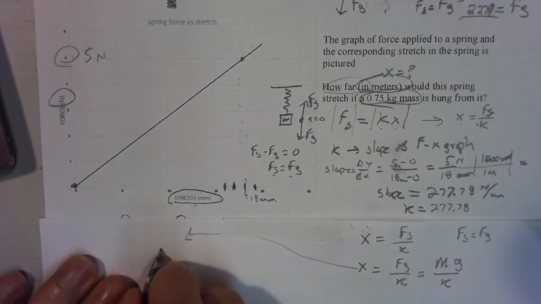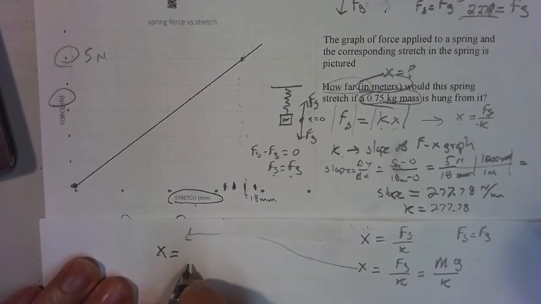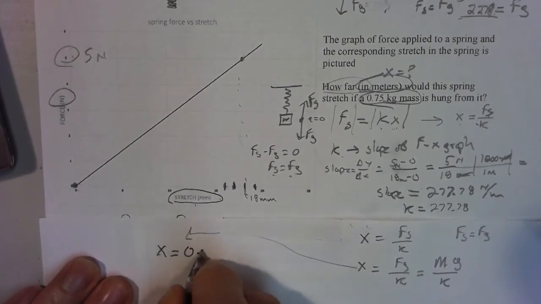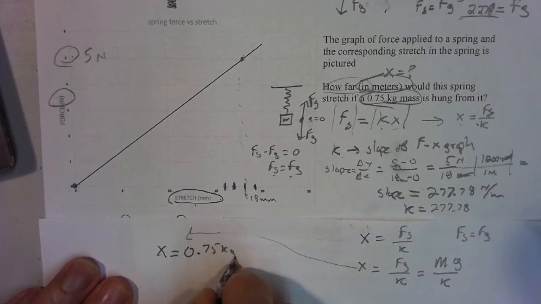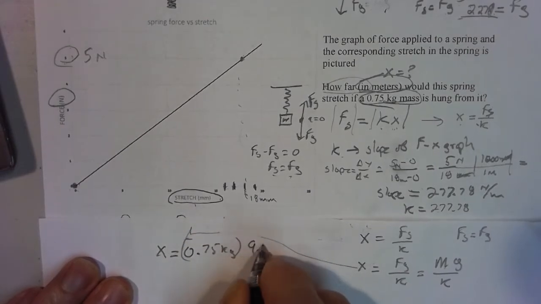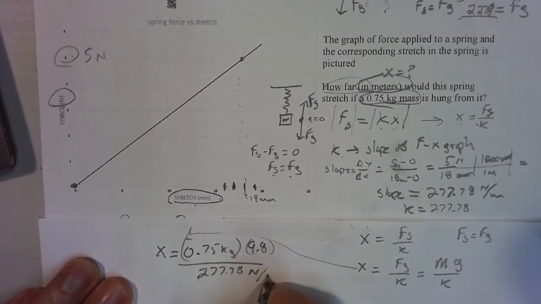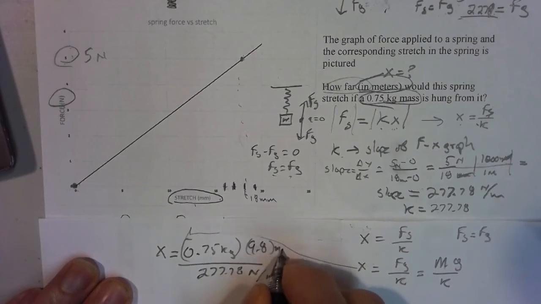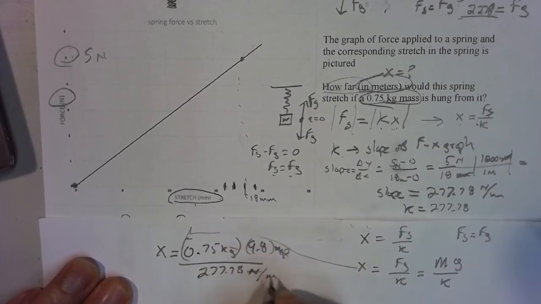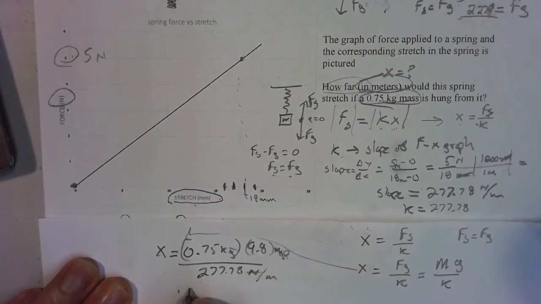So our x is going to be equal to m, which is 0.75 kilograms, times g, which is 9.8 meters per second squared, divided by k, which I got to be 277.78 newtons per meter. So kilograms times meters per second squared, that's a newton. The meters go on top. I'm all good.